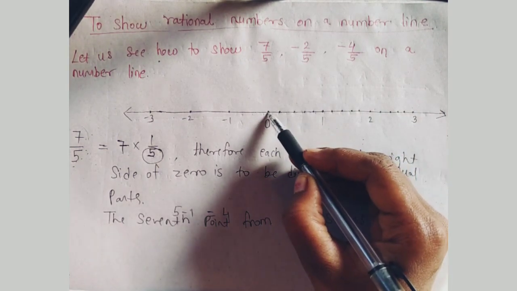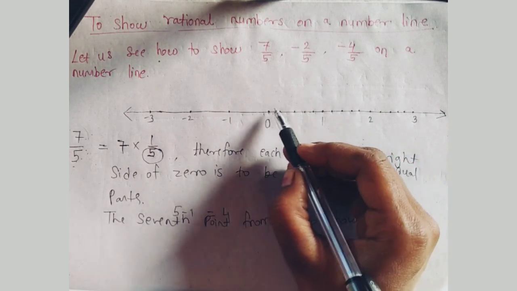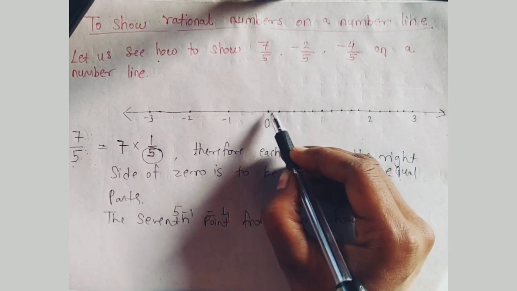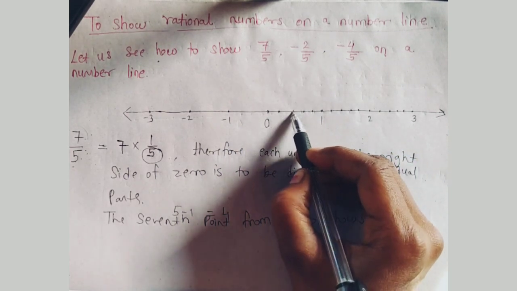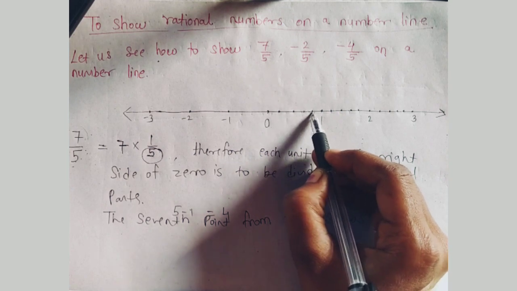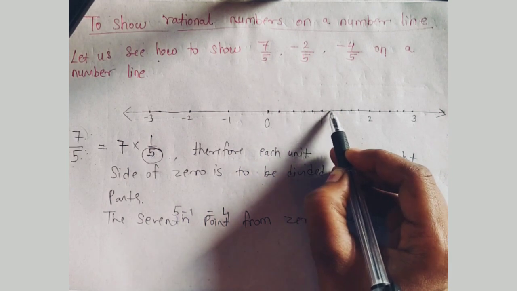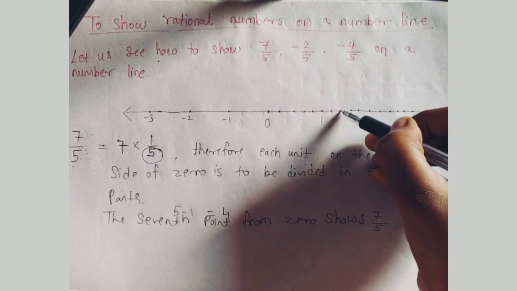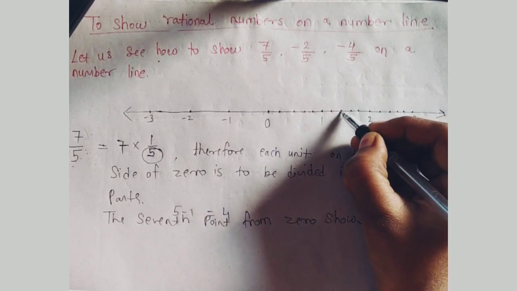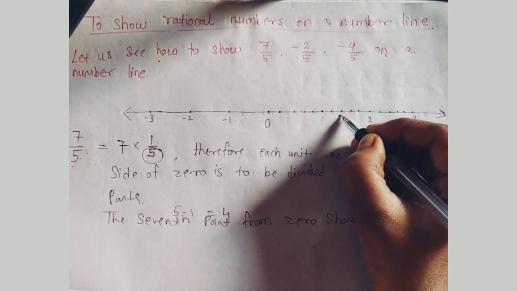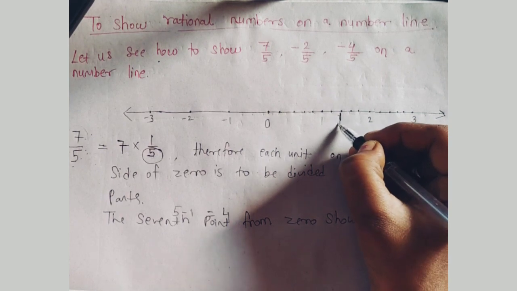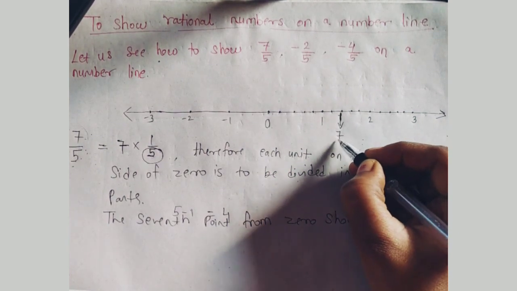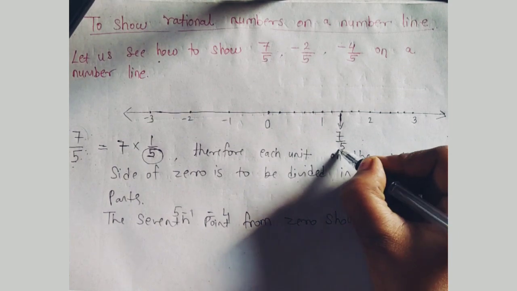Now count from the 0. Start counting: 1, 2, 3, 4, 5, 6, 7. 7 is here. So what is this? This is 7 upon 5.